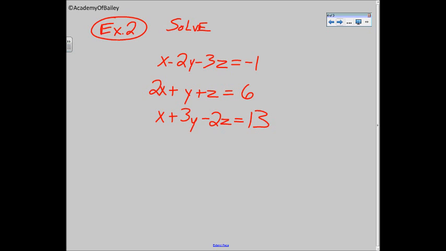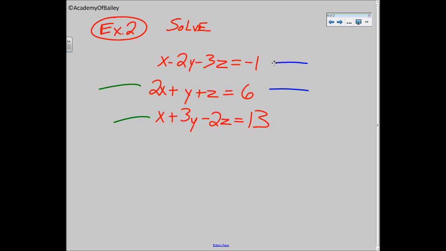What are we going to do? First off, we're going to take 2 of these equations at a time and kind of put them together and eliminate one of the variables. I'm looking at this one is fairly easy. It doesn't matter which one you want to get rid of. But I'm going to look at, let's say, these 2 equations. I'm going to kind of combine those together. And then I'm going to combine these 2 equations together.